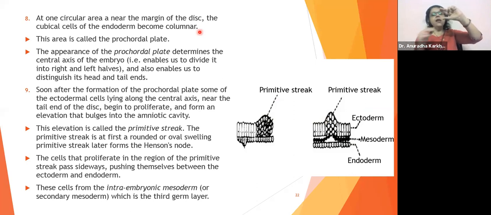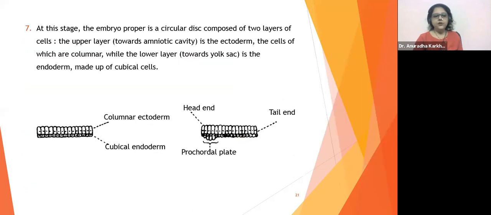Now at one particular point, the cuboidal cells will also become columnar. That area will be called the prochordal plate.